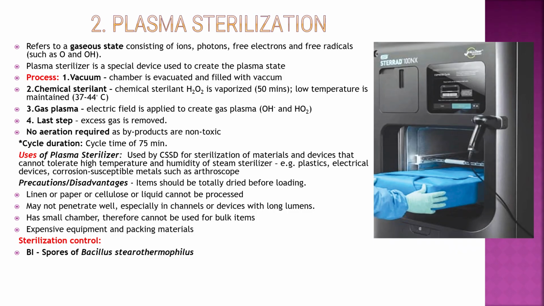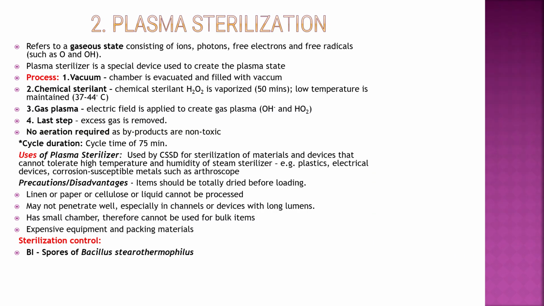Cycle duration 75 minutes. Used by CSSD for sterilization of materials and devices that cannot tolerate the high temperature and humidity of steam sterilizer. Example: plastics, electrical devices, corrosion susceptible metals such as endoscope. Precautions or disadvantages: the item should be dried before loading.